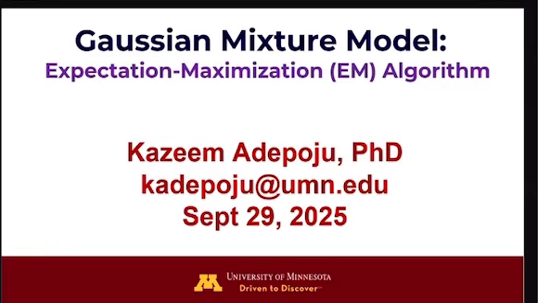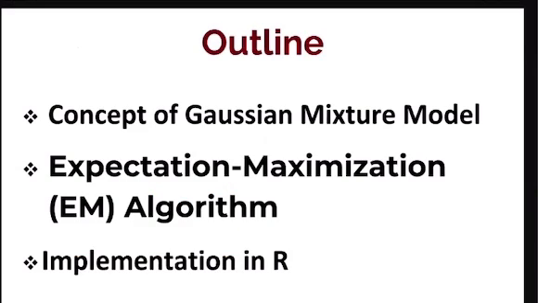Okay, now in the outline, I'm going to walk you through the concept of Gaussian mixture model. And I'm going to use Minnesota crime data to explain Gaussian mixture model. I'm also going to justify the reason why any of the hard clustering algorithms that we've done before, the K-means, the K-medoid, hierarchical clustering, may not be appropriate in a situation where we have overlapping.